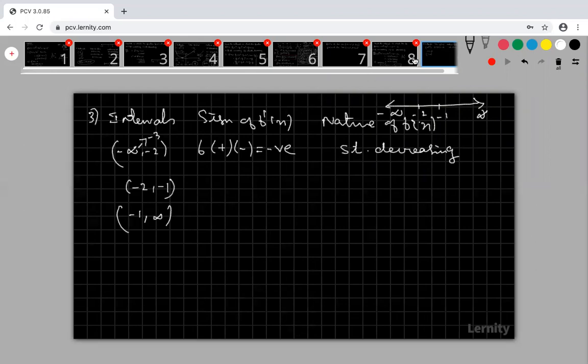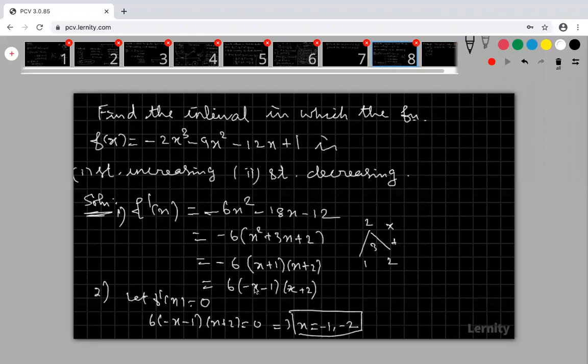Okay, so now come to the next one. Minus 2 comma minus 1, I can take it as minus 1.5. Apply minus 1.5 here: minus into minus is plus, plus 1.5 minus 1 is positive. So this is also positive.